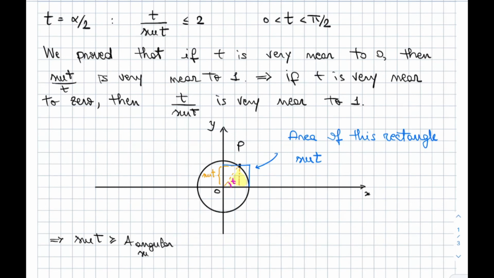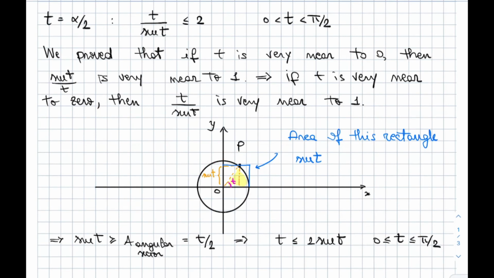But the area of the angular sector, as we computed it in one of the previous videos, is equal to t divided by 2. Therefore, t is always smaller or equal than 2 sine t when t is between 0 and pi divided by 2. And in this case, we can also add the boundary conditions, because this reasoning holds whenever t is bigger or equal than 0 and smaller or equal than pi divided by 2, as you can see from the picture.